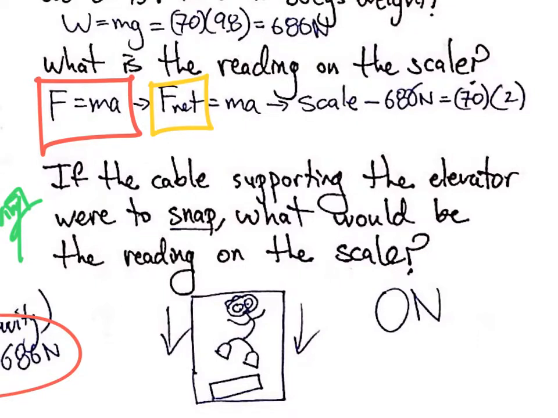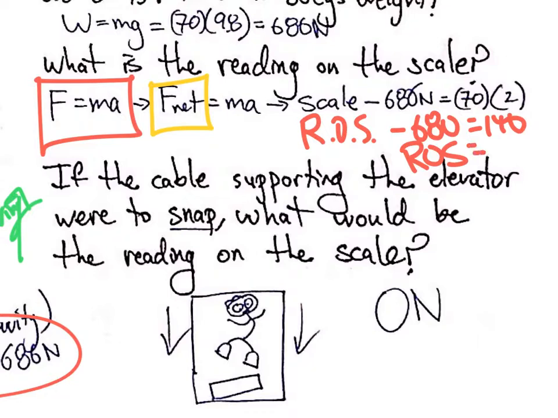Alright, and so solving, we have 70 times 2 would be 140. So I tend to abbreviate reading on the scale like that: reading minus 680 equals 140, and we'd add them together. I don't need a calculator for this. Reading on the scale: 140, 680, 780, and 820 newtons.